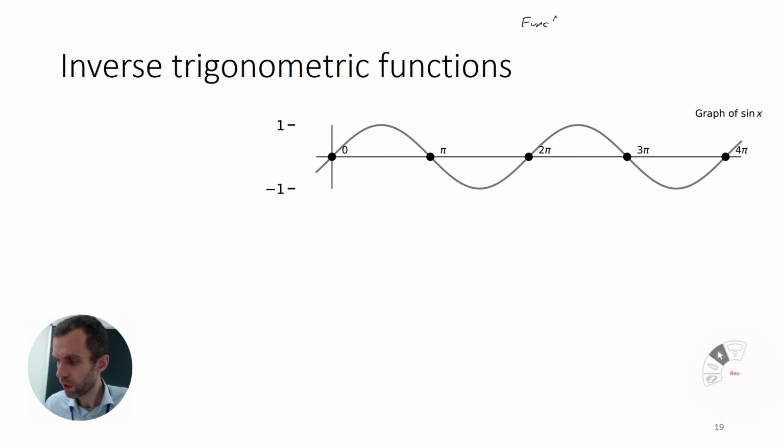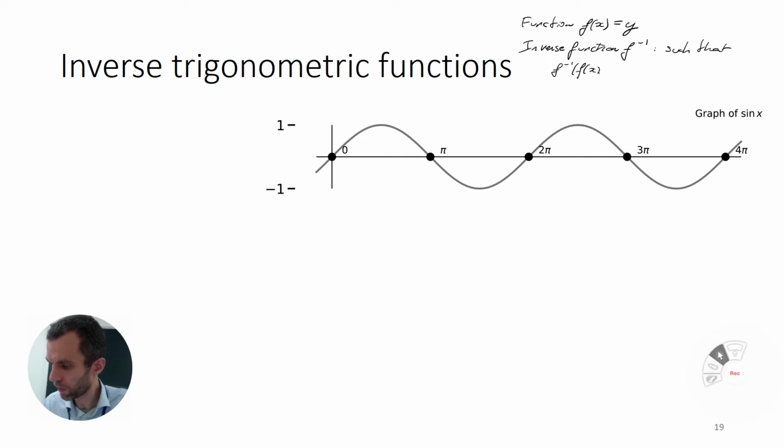If I'm given a function f of x, which gives me a y, then the inverse function is denoted by f minus 1 superscript, and it's such that f inverse applied to f of x is x, and f applied to f inverse of y is equal to y. So in a sense, the inverse function undoes the function.